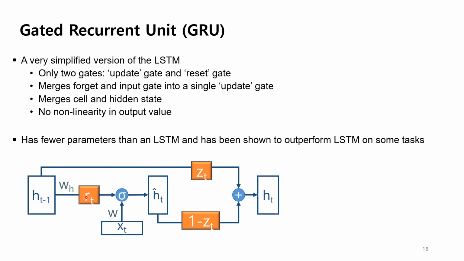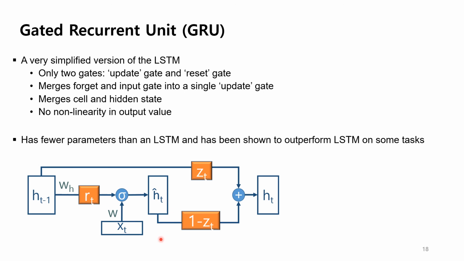If the reset gate is 1, this is exactly the same as the way we compute the hidden node output in RNN.